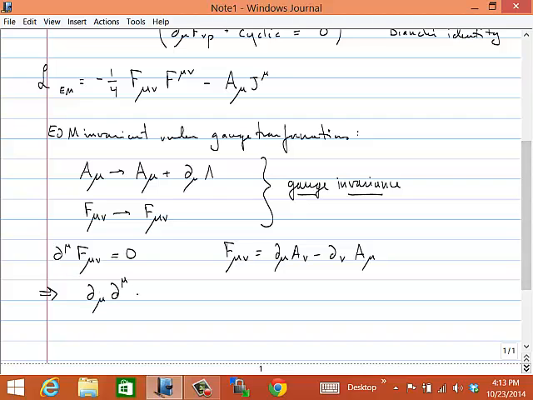It's d mu d mu A nu, just coming from that first term here, and then you have to subtract off the second term, which we could write as d nu d mu A mu. Okay. So that's the equation of motion that A obeys.